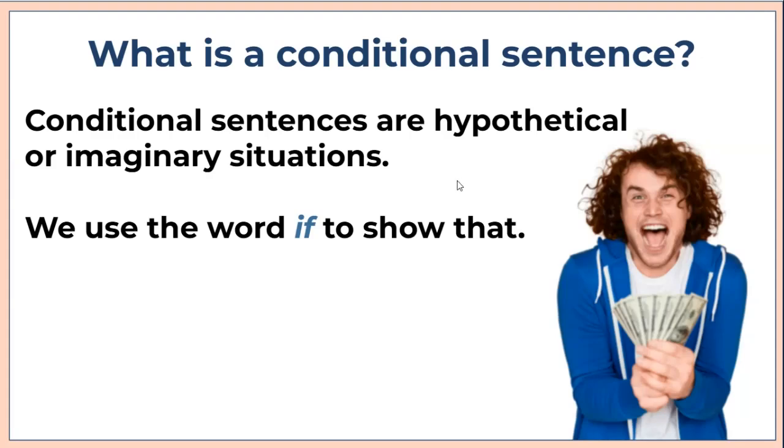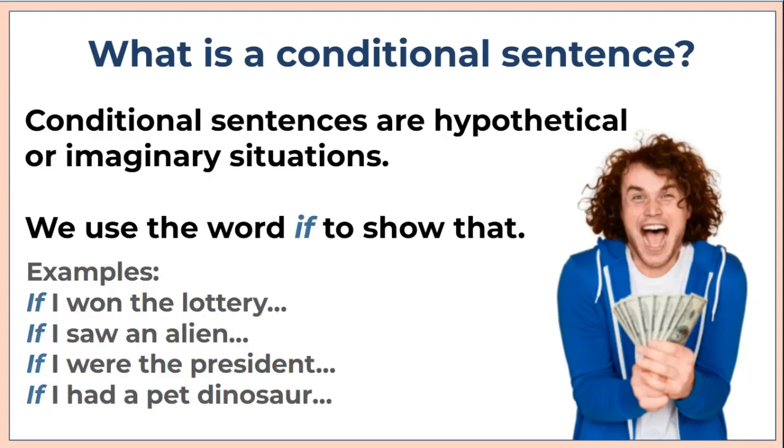In English, we use the word if to show that a situation is hypothetical or imaginary. So, for example, if I won the lottery, if I saw an alien, if I were the president, if I had a pet dinosaur. None of these situations are real. They are hypothetical or, again, imaginary.